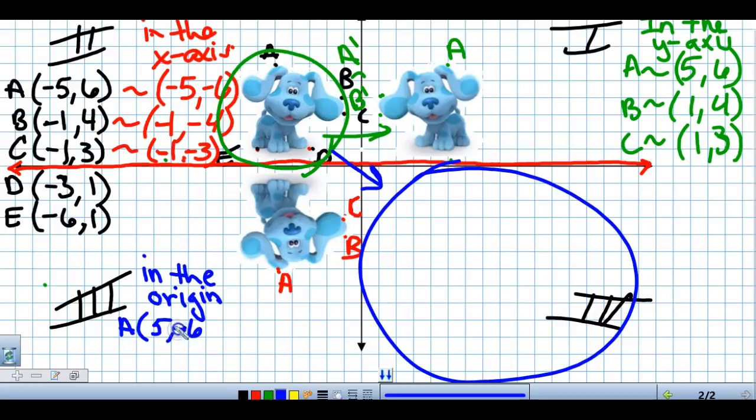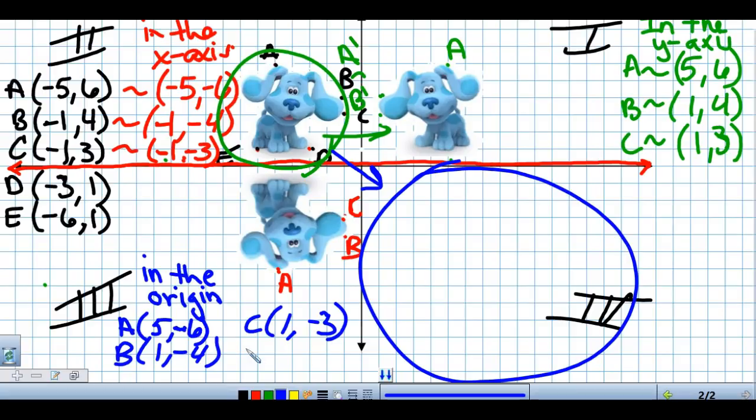B was negative 1, 4. It's going to be 1, negative 4. C is going to be 1, negative 3. Okay, and we'll just go ahead and do those first 3. That's what we've been doing.